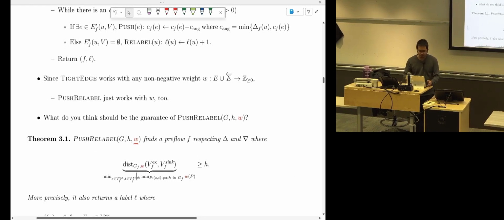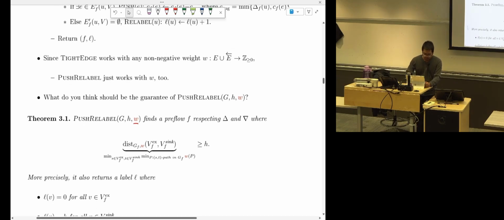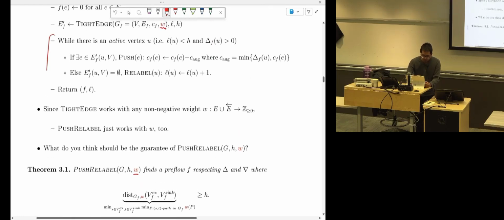Because we're going to have the same structure of labeling. We just keep doing this until you cannot do it anymore. So at the end, all the excess will have level h and all sinks will still have level 0.